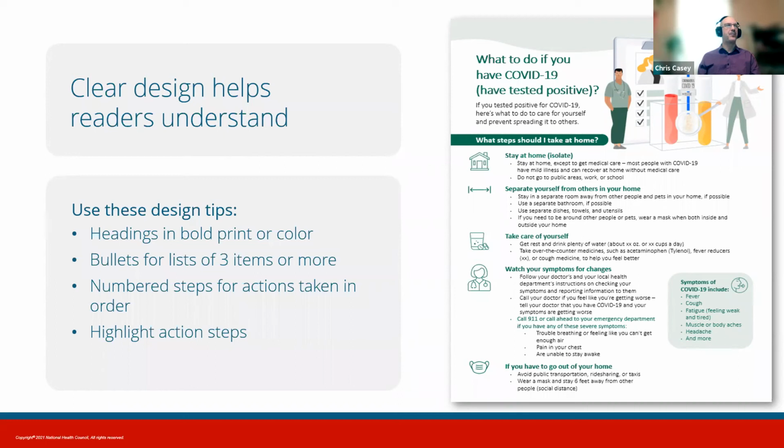But when those individual items are action steps that have to be done in sequence, those are numbered steps, so go ahead and number those rather than just putting them into bullet points. That way it's easy to see, do this first, do this second, do this third, and so on.